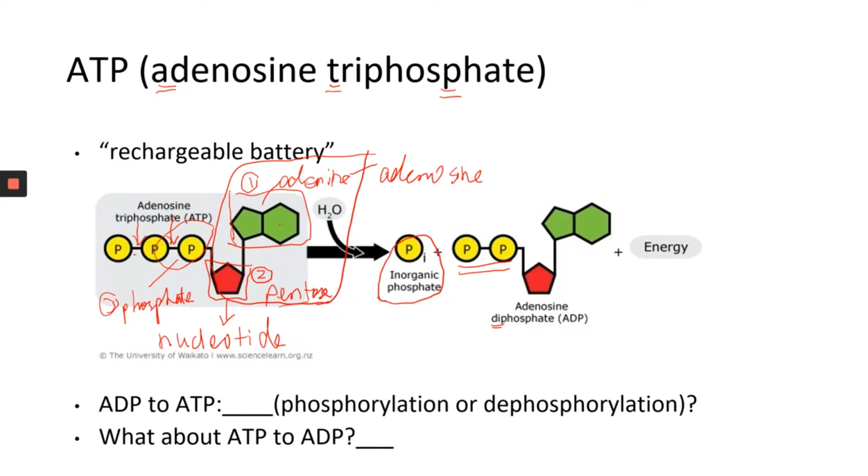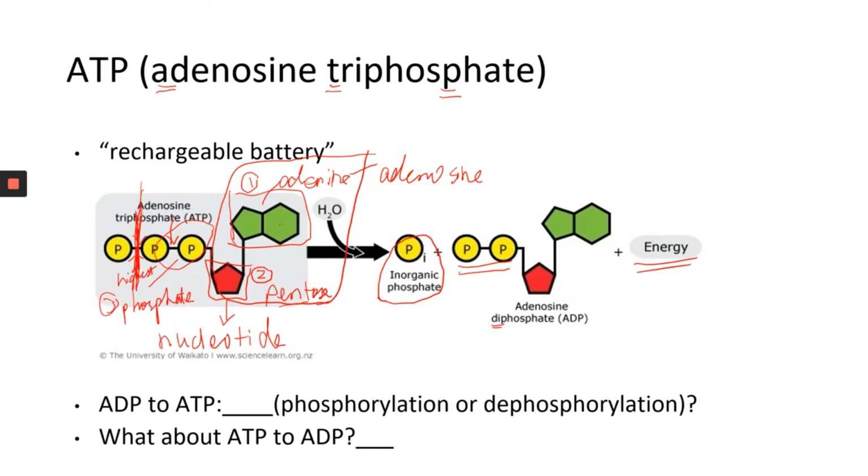And this bond right here has the highest energy. So when the ATP hydrolyzes and this bond is broken, there's a lot of energy released. This is how ATP serves as the energy currency and provides energy for cellular activities.